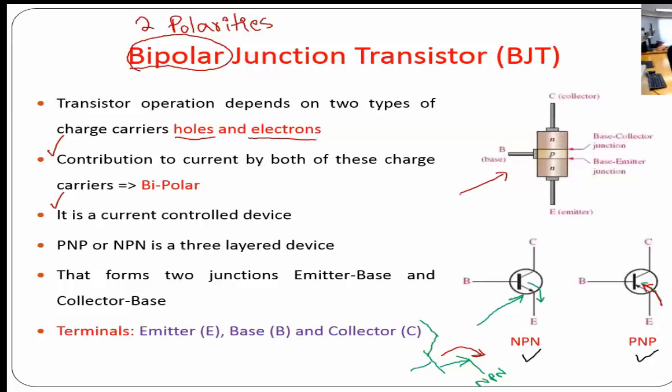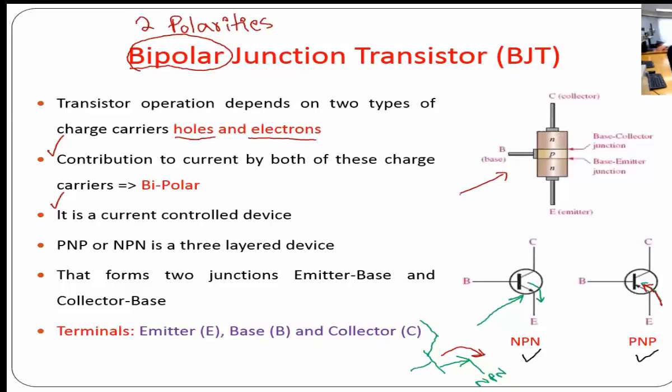So the basic idea behind a transistor is you require a base signal. Let's say you apply the base signal. The current will be controlled between collector to the emitter or emitter to the collector. That's how a transistor works.